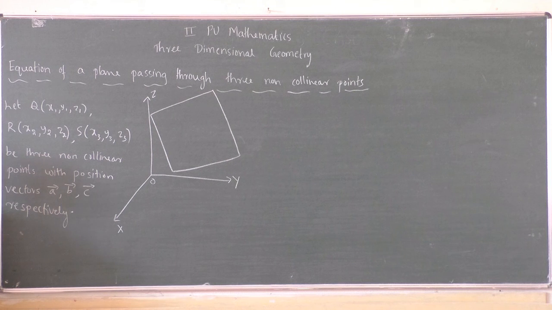So I will take Q, R and S with the coordinates x1, y1, z1, x2, y2, z2, x3, y3, z3 with the position vectors A vector, B vector and C vector respectively.